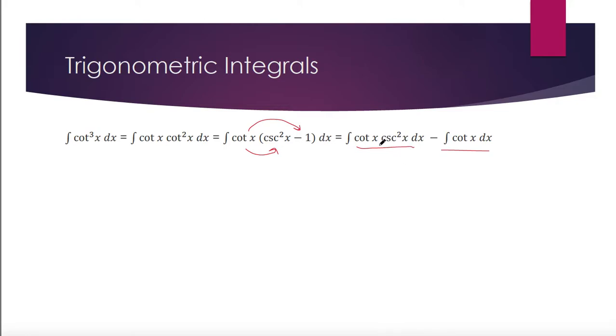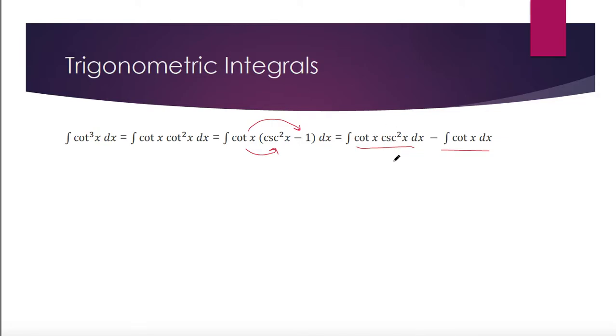So the first product is the cotangent times the cosecant squared, and the second distribution is the cotangent times the -1, which gives you the minus of the antiderivative of the cotangent.